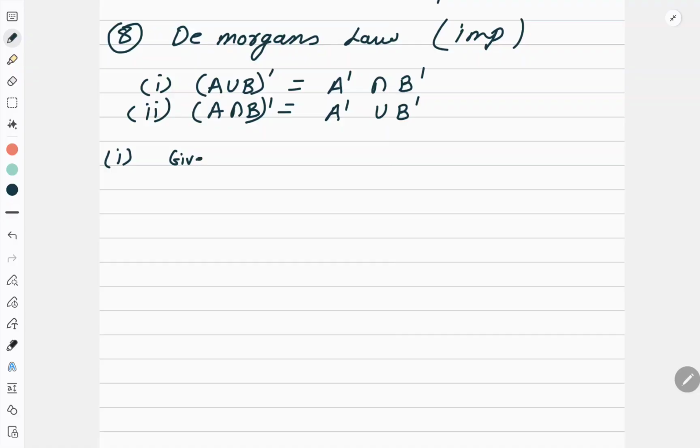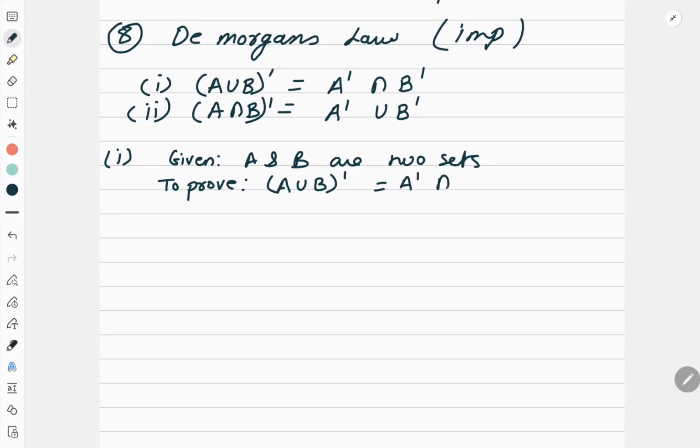Okay? So how will I prove? First, given. What is given? A and B are two sets. Okay? To prove. What do you have to prove? You have to prove A union B complement is equal to A complement intersection B complement.